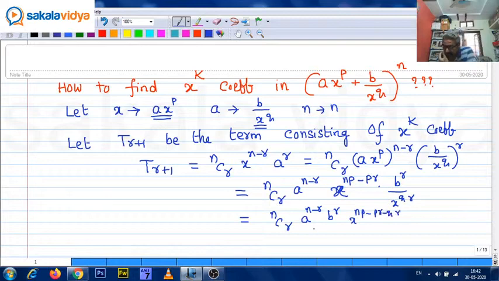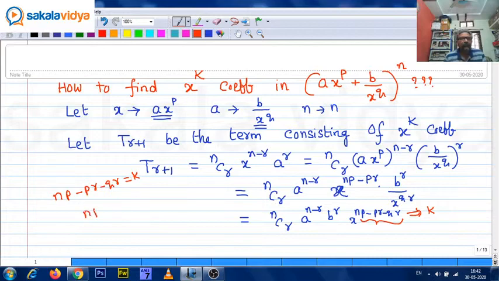Now what we need to find is that this power must be equal to k. That means np - pr - qr = k. Bring k to this side: np - k = r(p + q). So r = (np - k)/(p + q).